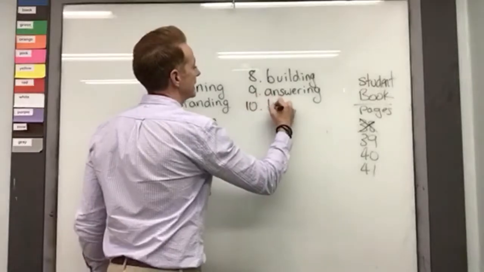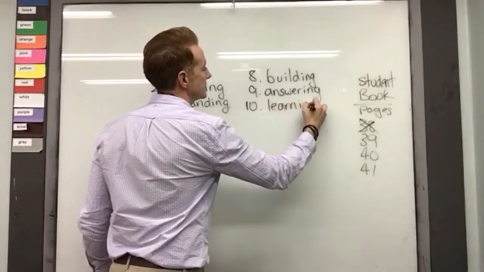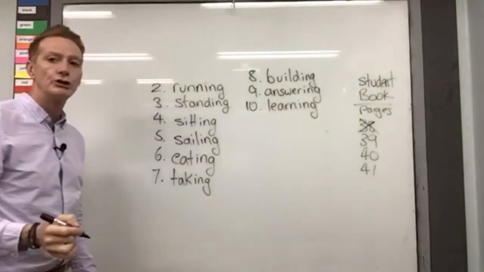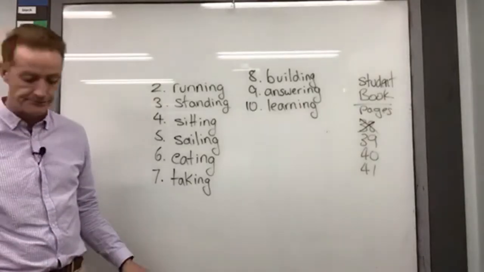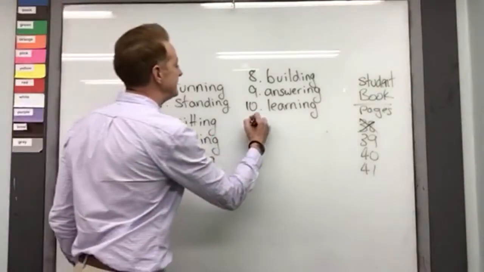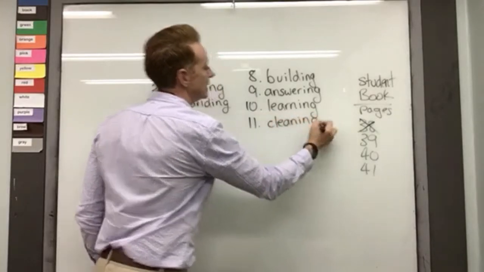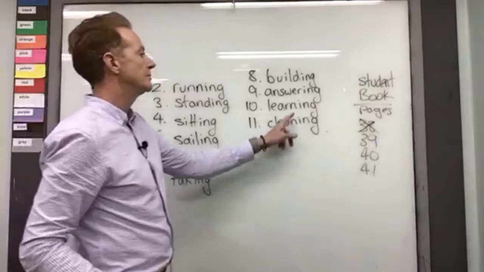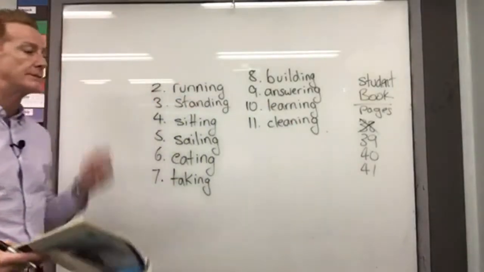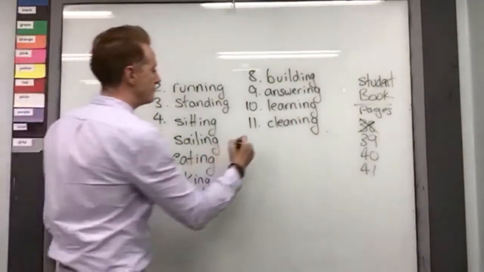Learning. Again, you just add ing. Number 11 is clean. So again, you just have to add ing. There's no double letters in any of these.